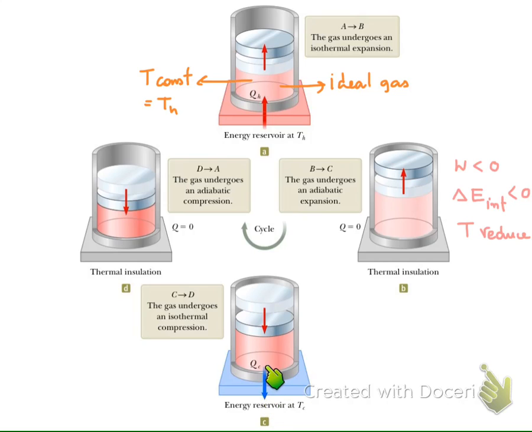You can see that this is opposite to the first step. In the first step, the heat enters the system and makes the isothermal expansion. Now, in this step, the heat leaves the system and makes the isothermal compression.